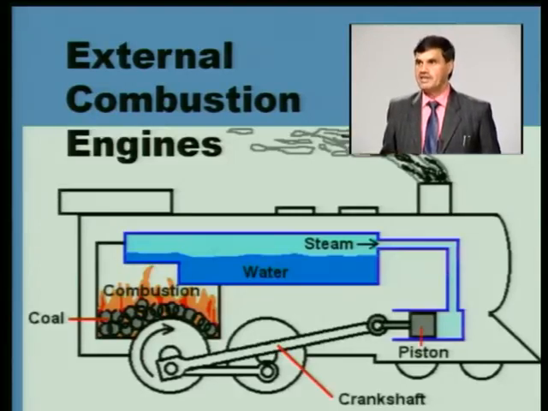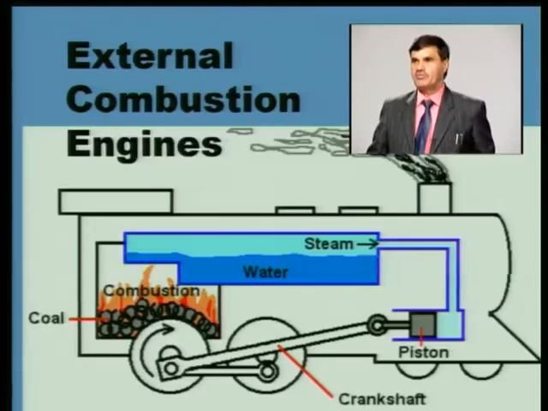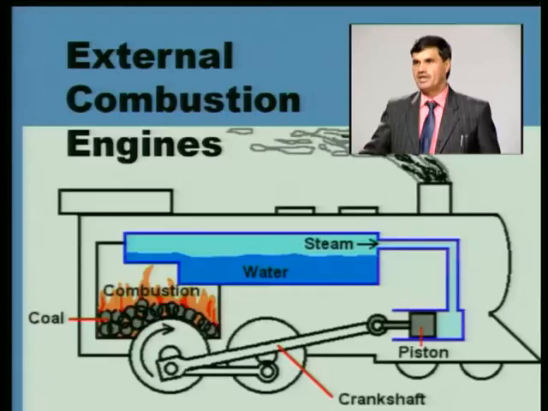That water gets converted into high temperature, high pressure steam. That steam forces the piston and moves it, again a reciprocating movement, and with the help of the connecting rod it goes directly to the wheels, which rotate and make the steam engine move.